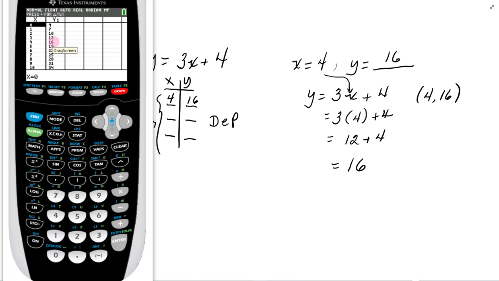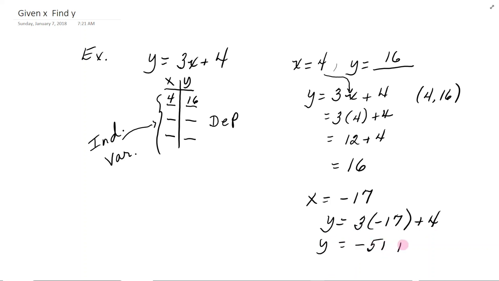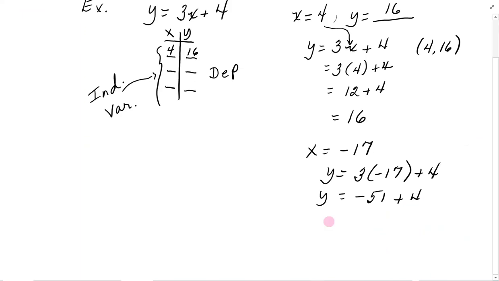But what if I was asked, for instance, what if x is negative 17? Then we would have to do y is equal to 3 times negative 17 plus 4. 3 times negative 17 is negative 51 plus 4. Y is negative 47.